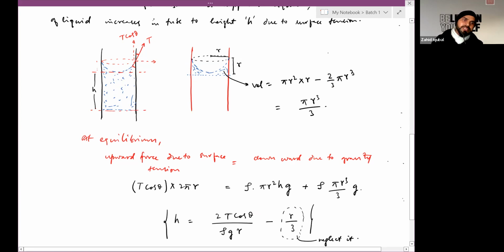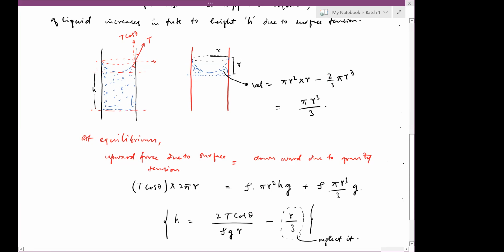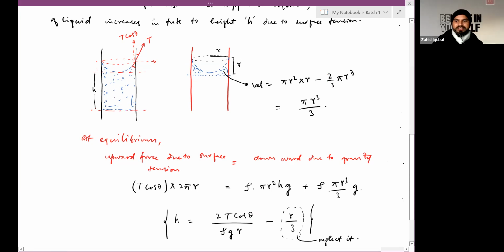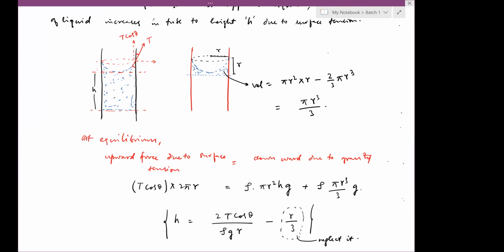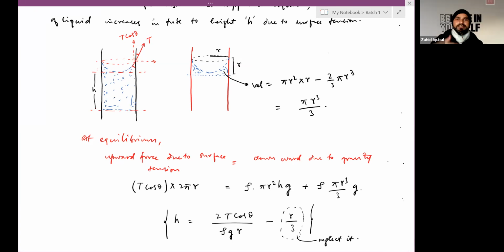You'll just consider this portion to be a cylindrical segment having volume pi r square h times rho times gravity, equated to surface tension T cos theta times 2 pi r. Okay, sir. Or you may calculate as I have done. And lastly, you may neglect r by 3.